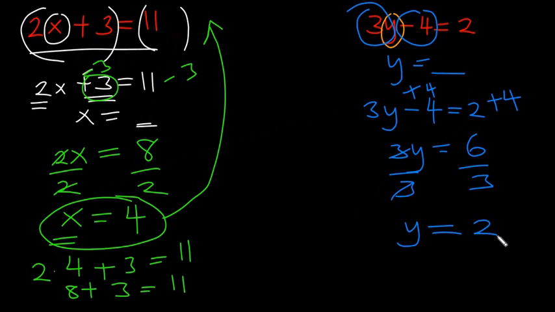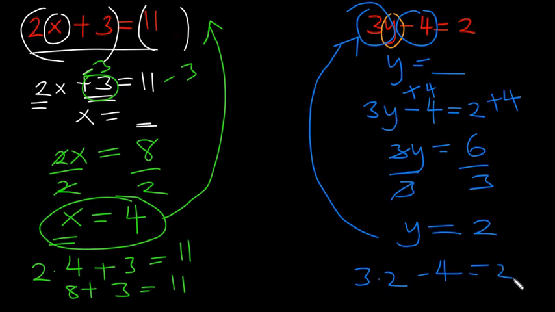To confirm whether that is the correct answer, we're going to go back to the equation and replace y with 2. We're going to have 3 times 2. Remember, as I said, we don't just fix it there so that we have 32. It's 3 times y, which is 3 times 2, minus 4 is equal to 2.